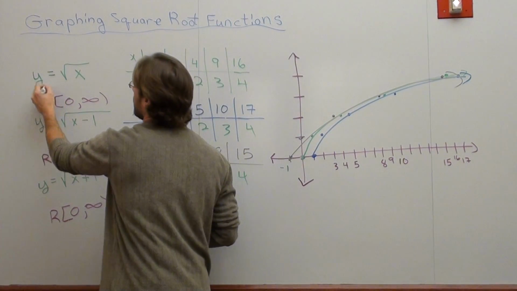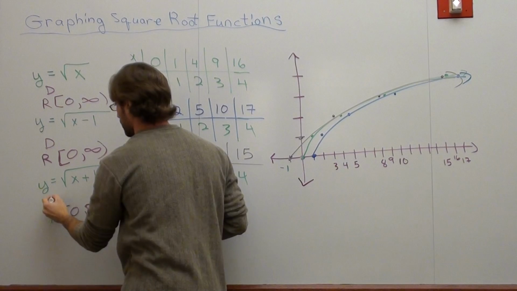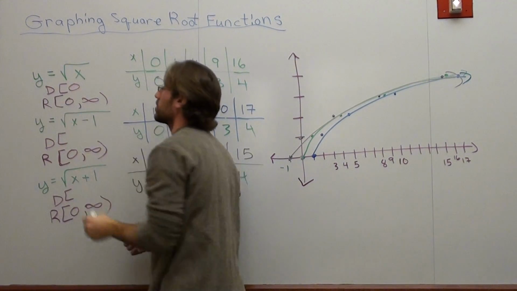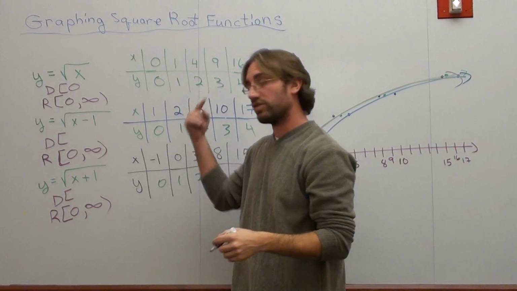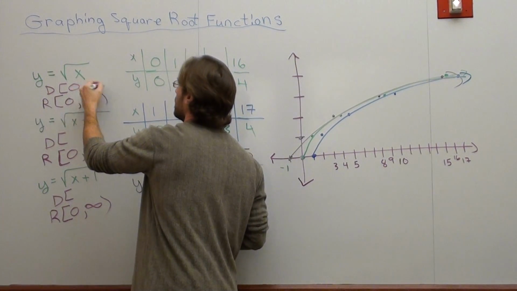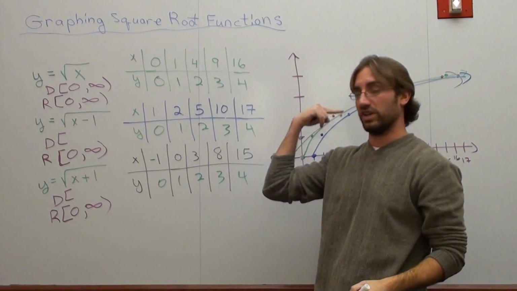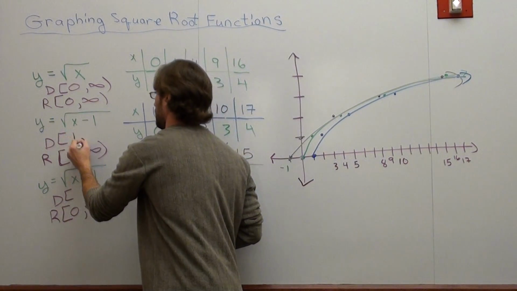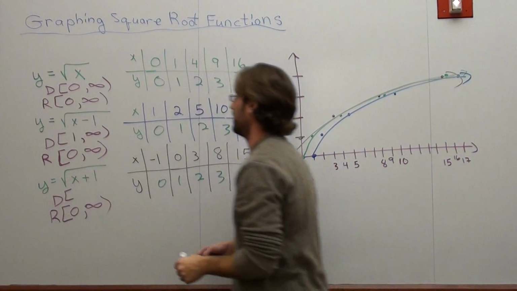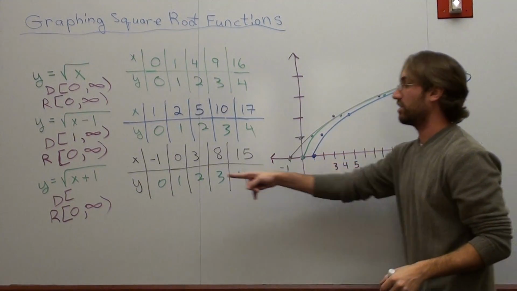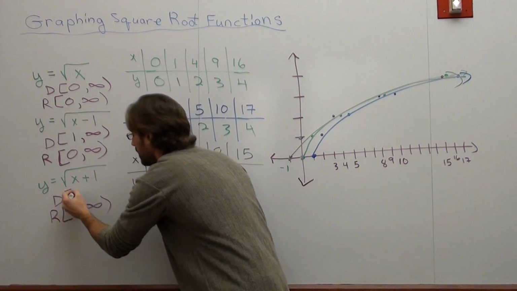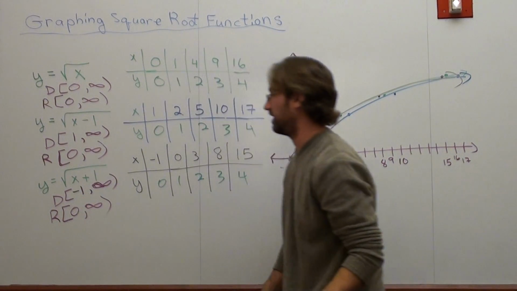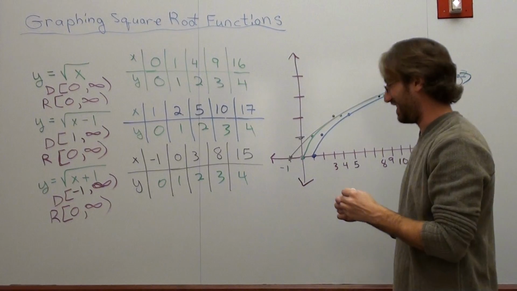Domains are different though. This one's going to go from 0 to infinity. This one's going to go from 1 to infinity, the second graph. And the third graph is going to go from -1 to infinity.